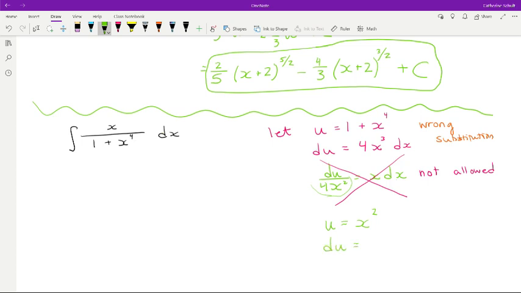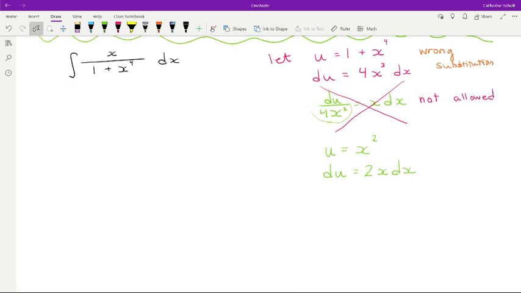And reverse engineering that, why we're doing that is because now we have that x dx, and we can actually substitute the u. All right, let's get rid of that 2. Divide both sides by 2. And now we have a substitution we can work with. Okay, so we had to be clever on that one.